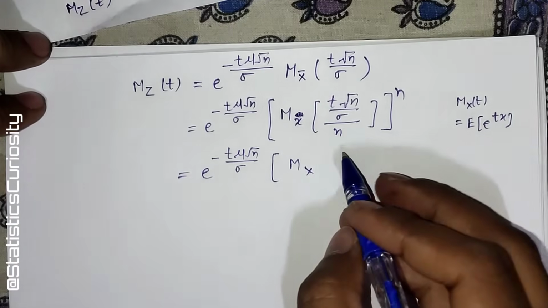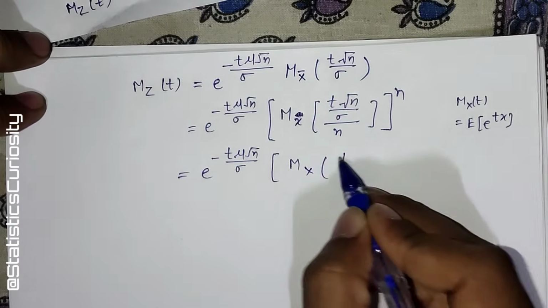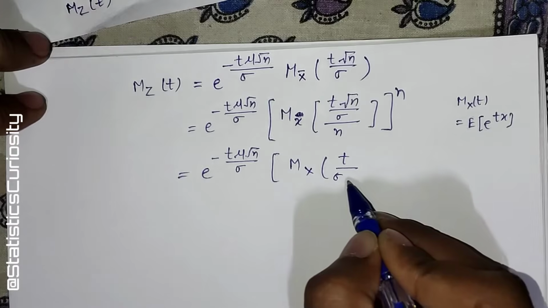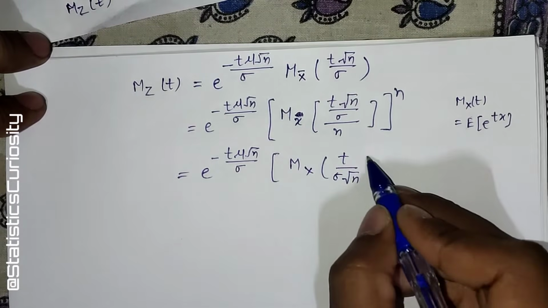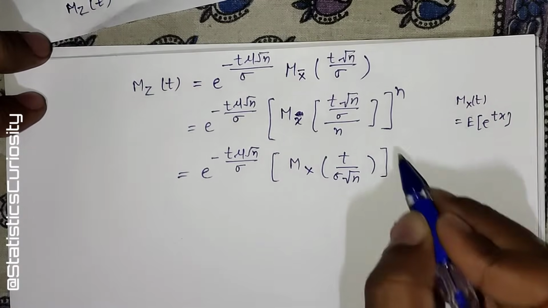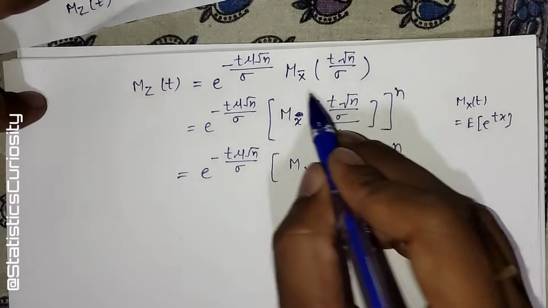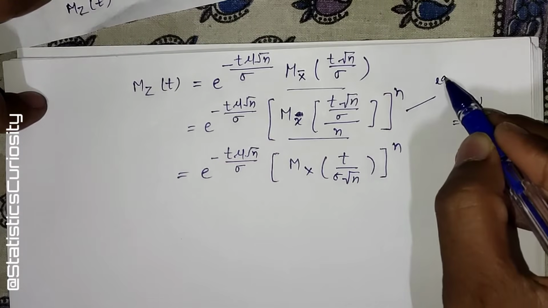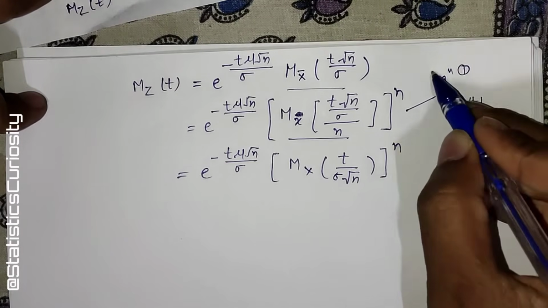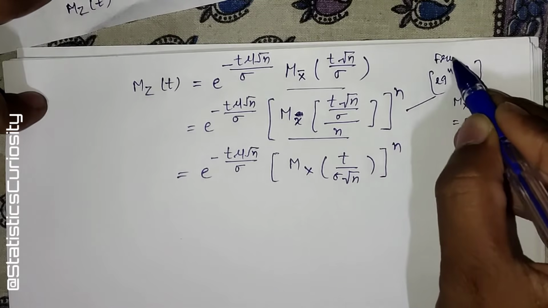Mx of t divided by sigma under root n, this root n will be cancelled by this n, whole power n. We got this term using equation 1.